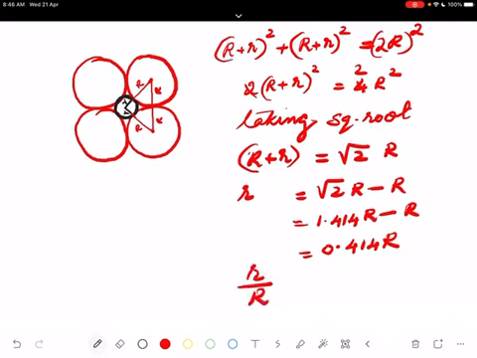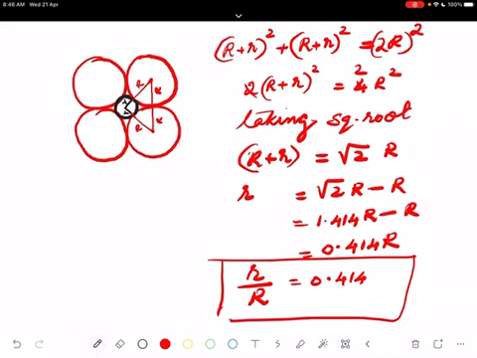Small r is the radius of that cation or that void, which is equal to 0.414. So this is the radius ratio in the case of an octahedral void.